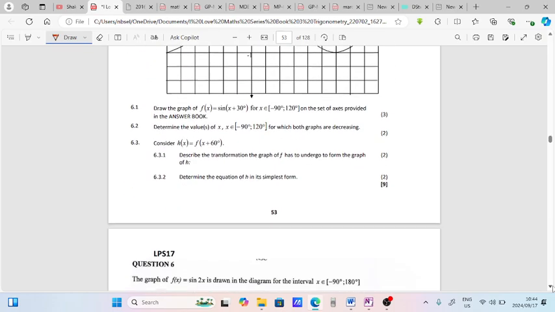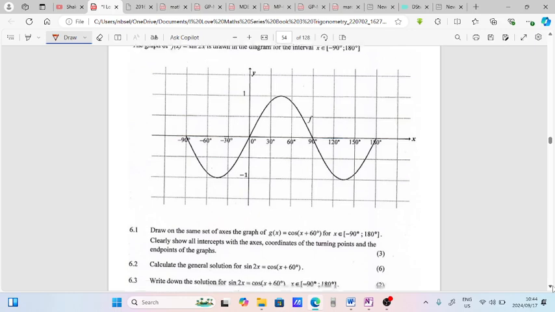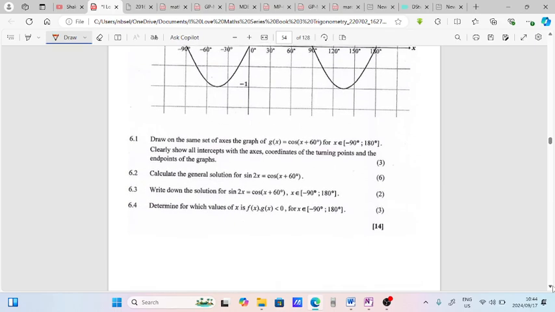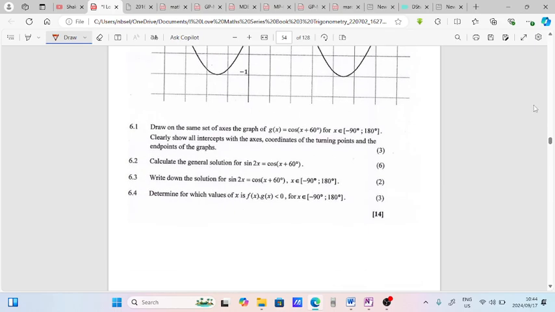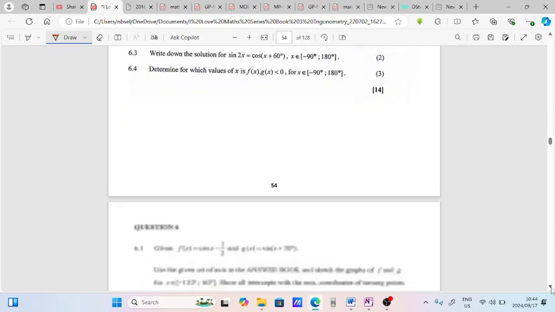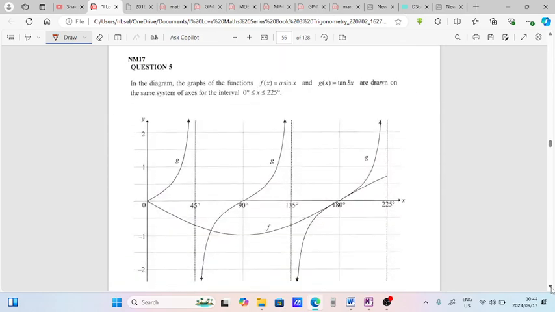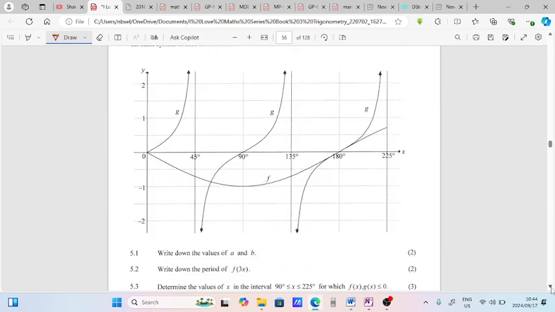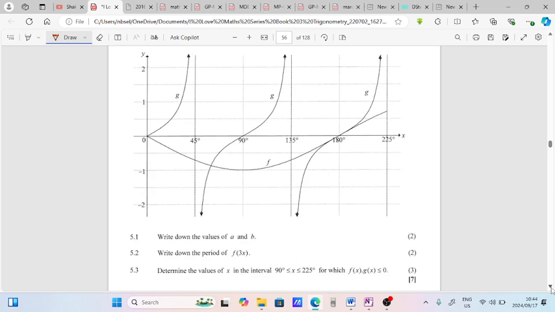Right, let me give you the last one. Right, let's take this small one.